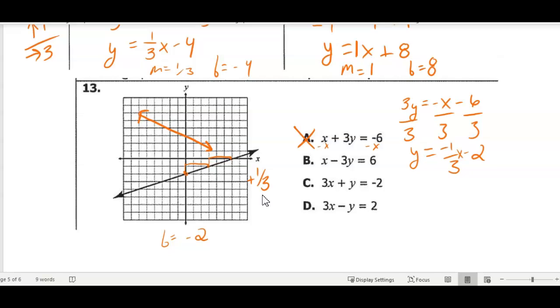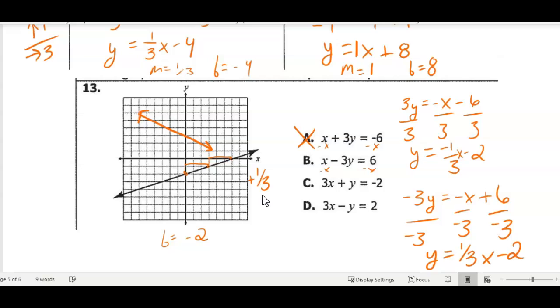So let's try B. If I just subtract x here, that gives me negative 3y equals negative x plus 6. Then I divide by negative 3. It looks like I'm going to get lucky here. Y equals, these two negatives equal a positive, 1/3 x minus 2. Does that fit my equation here?